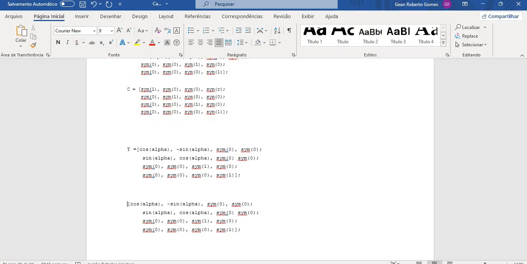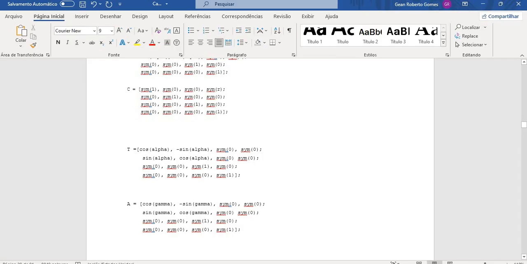So let's call the first matrix A. So this is cosine of gamma, sine of gamma, zero, zero, minus sine of gamma, cosine of gamma, zero, zero, zero, zero, one, zero, zero.